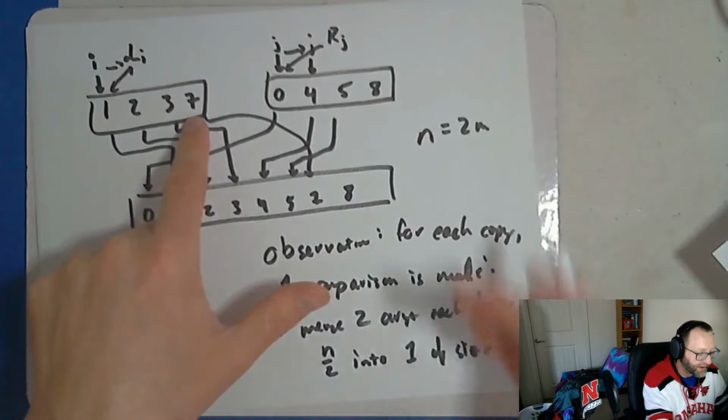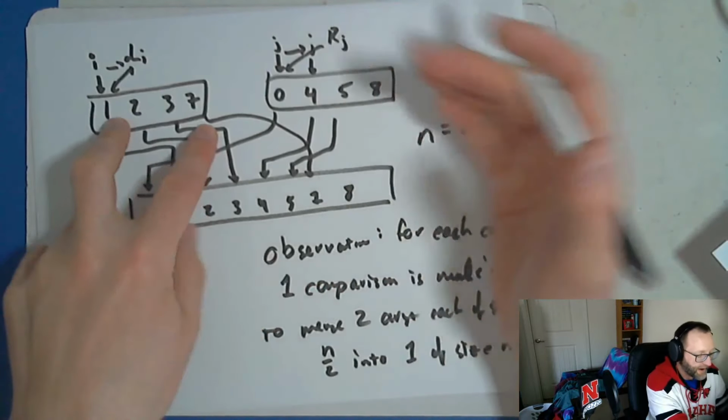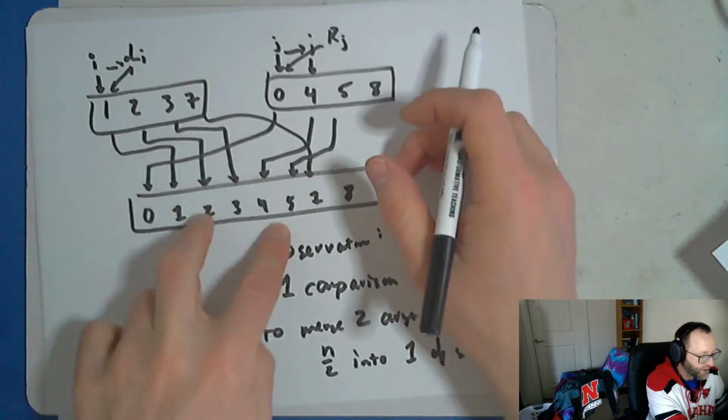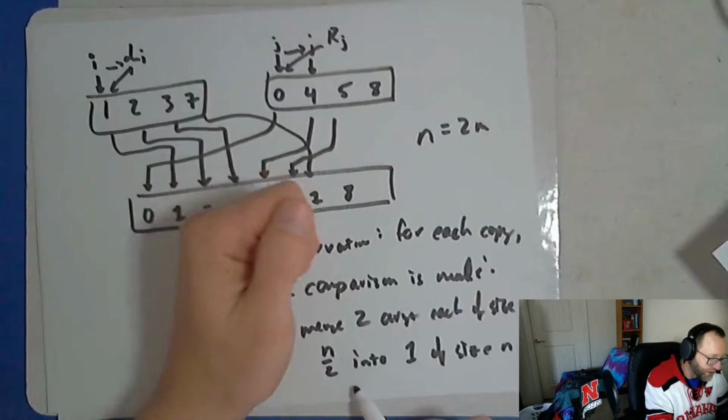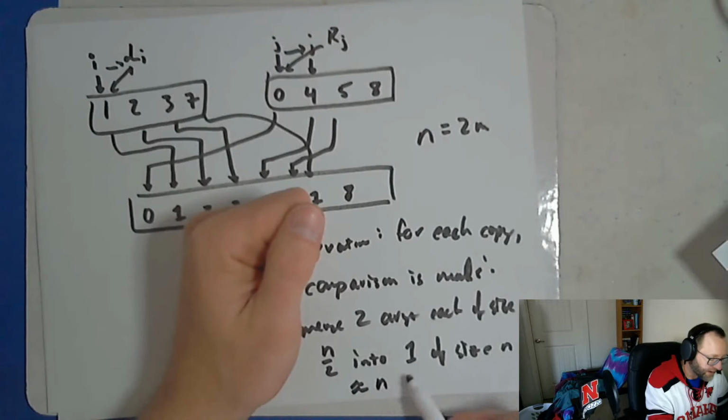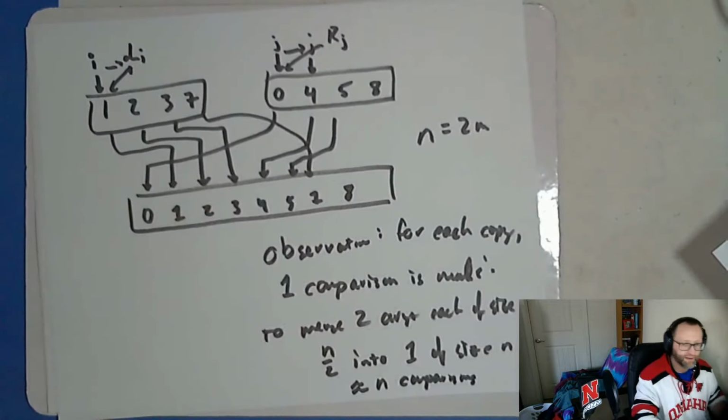Now, you might get lucky, and after making n divided by 2 comparisons over here, you ended up copying everything over here, and you don't have to do any more. But ultimately, you're going to be doing about n comparisons in the worst case. Right?